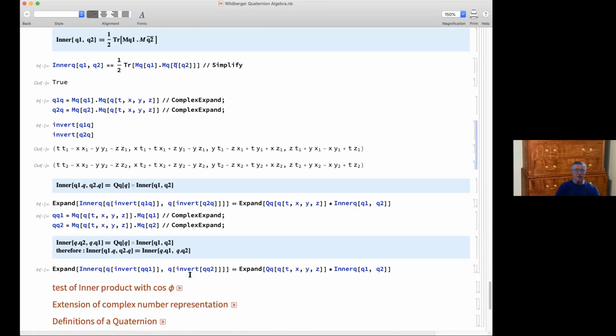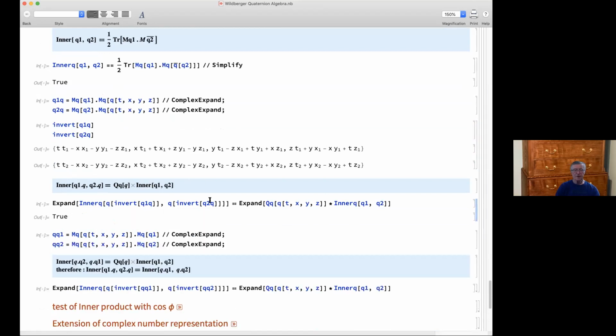So I can show that the inner product of Q1 with a generic quaternion and Q2 with that same generic quaternion turns out to be the quadrance of that generic quaternion times the inner product of Q1 and Q2. Okay, so notice the use of expand here on one side, expand on the other side, as opposed to complex expand, but that was the simplification that turned out to make these two work together.